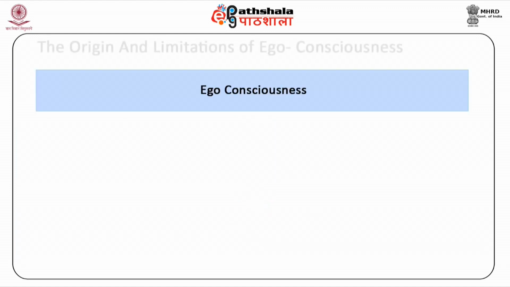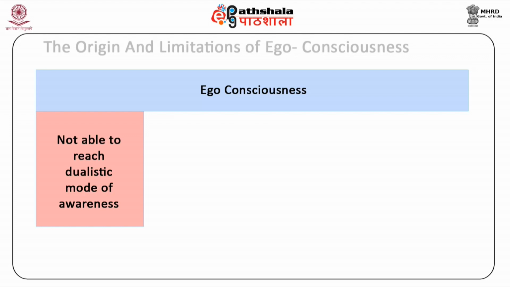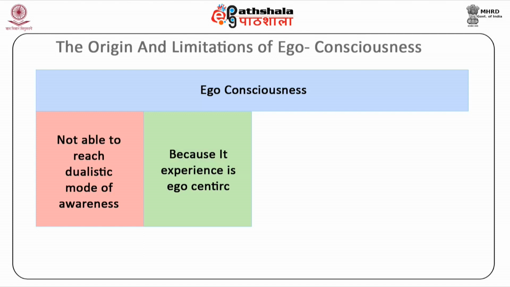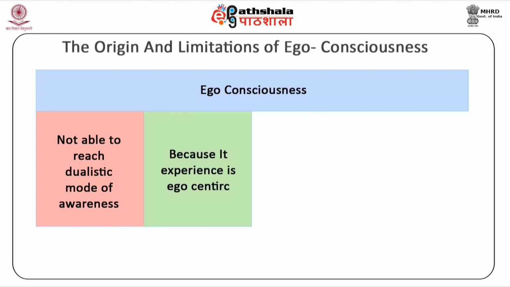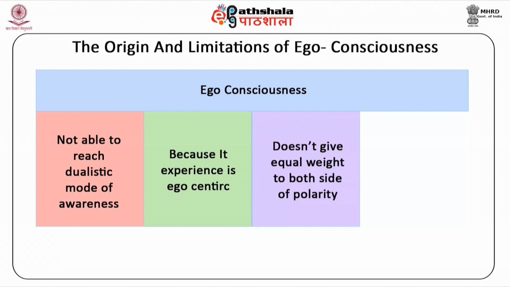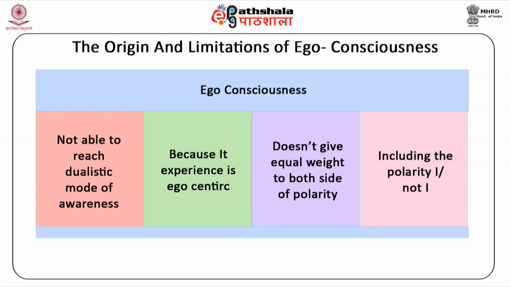Ego consciousness is not able to reach the dualistic mode of awareness precisely because its experience is I-centered or egocentric. It does not give equal weight to both sides of a polarity, including the fundamental polarity I or not-I, on which it is established, and it cannot reach the monistic mode of awareness because it cannot transcend polarized thinking.